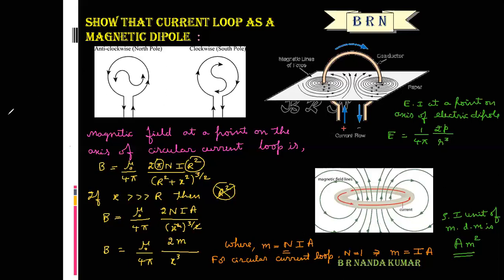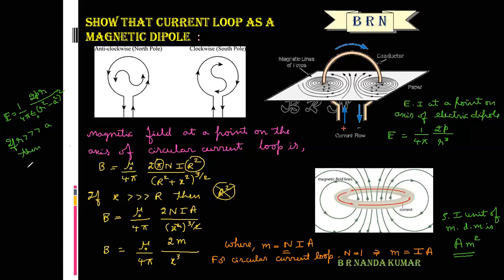What is the expression for electric intensity at a point on the axial line? E is equal to 1 divided by 4 pi epsilon naught times 2pr divided by (r square minus a square) whole square, right? If r is much greater than a, then a square is negligible.